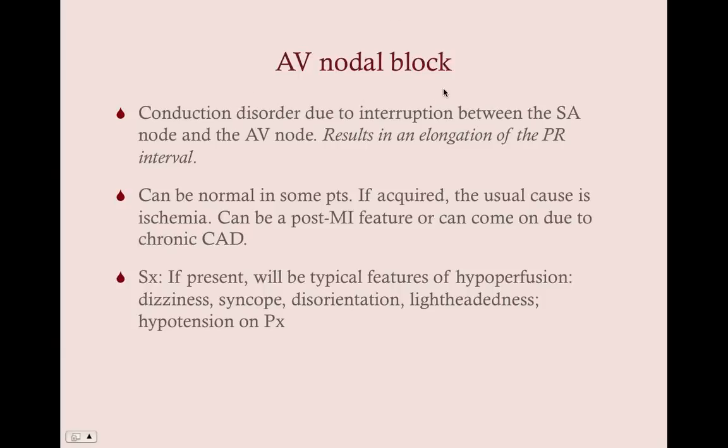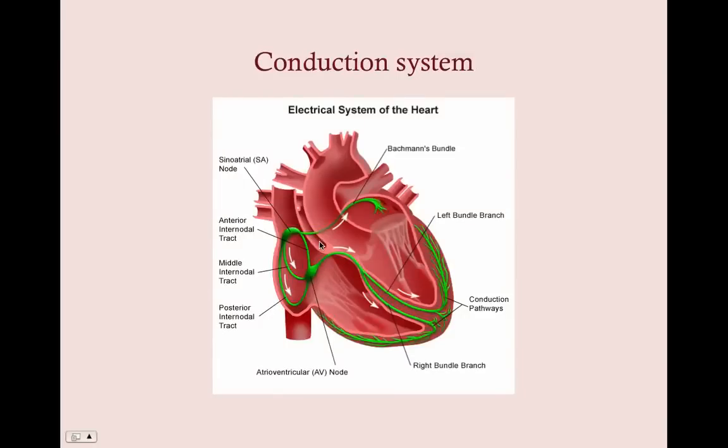This can be normal in some patients, but if it is acquired, if it's new in a patient, then it's usually due to ischemia. Part of the heart tissue, part of the conduction system, has become ischemic, and now there's a block in the way between the SA node and the AV node.